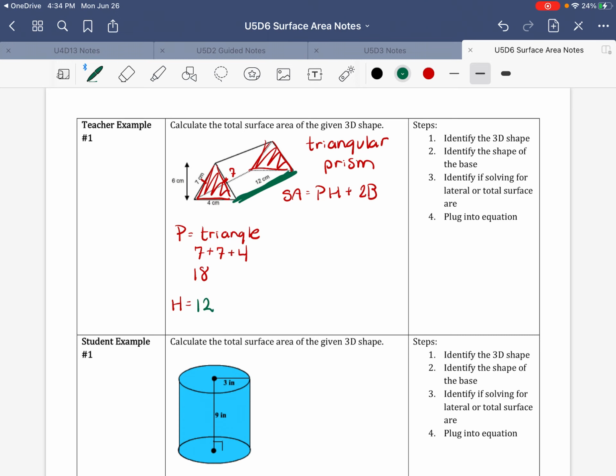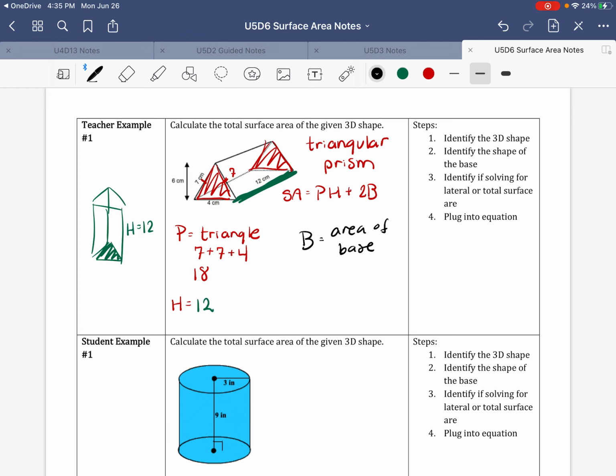However, if we imagine it standing up, where the triangle is on the ground, and we have something that looks more like this, where this is flat, then it's easier to tell that this height would be 12. Okay? And then lastly, we need to find the area of our base.